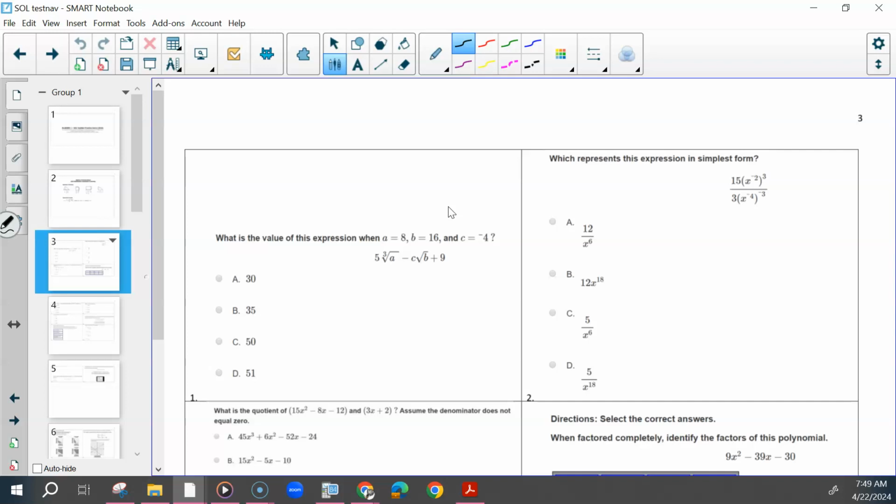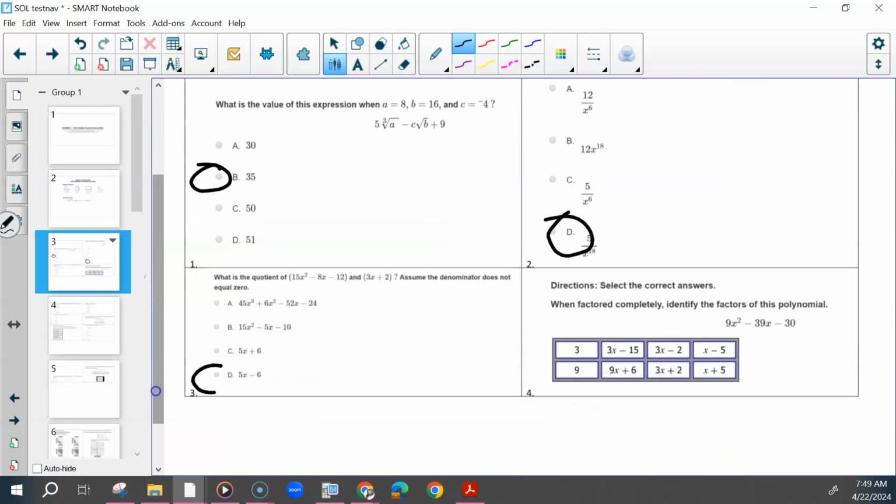Number 1 was D. Number 2 was D. 3 was also D. And then for number 4, there were 3 things you needed to circle. 3x plus 2 and x minus 5. Questions on any of those?